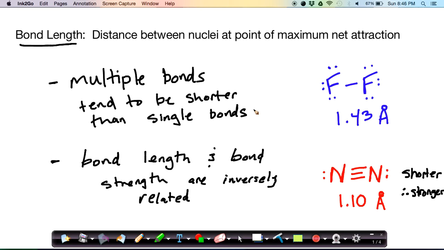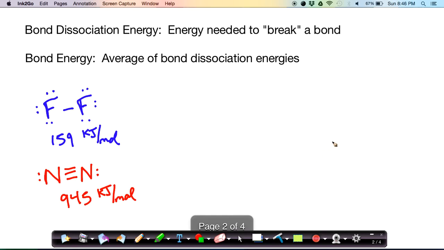Now, if we want to quantify this bond strength, we're going to look at what we call bond dissociation energy. Bond dissociation energy is loosely defined as the amount of energy needed to break a particular bond.